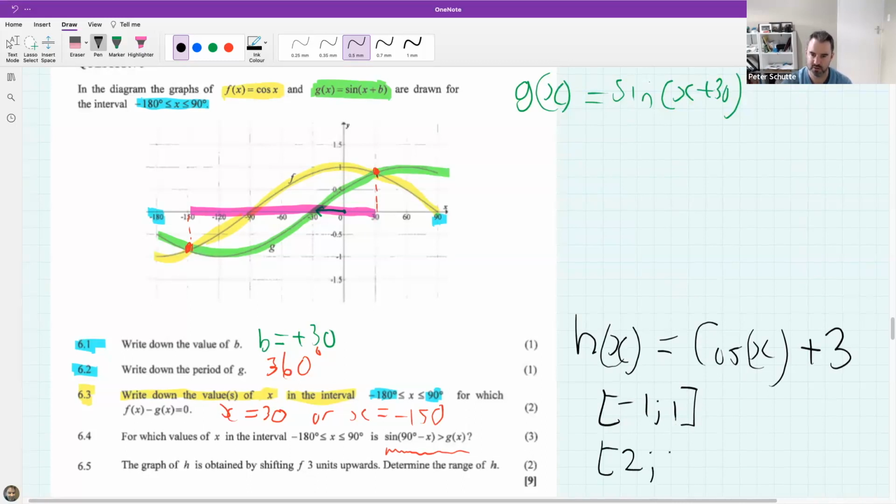So minus 1 plus 3 is 2, and then 1 plus 3 is going to be 4. Or another way of writing it is y is greater than or equal to 2, and it's less than or equal to 4.